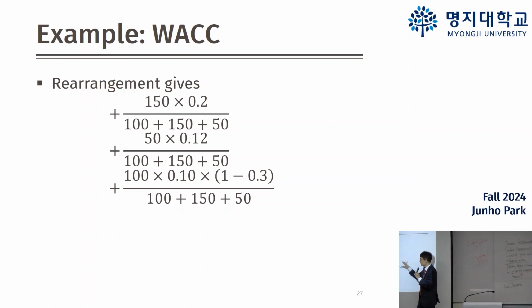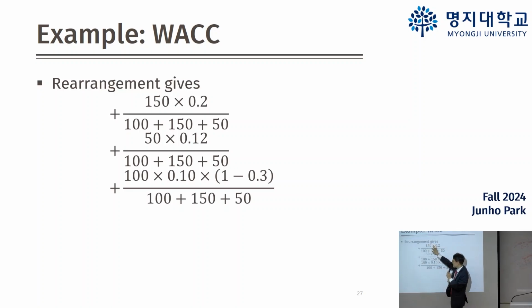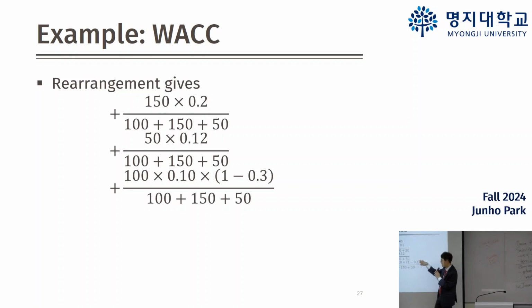Because they are related to the debt, you have this formula. First, you have shareholders' value times 20% return, preferred stockholders' value times their rate of return, bondholders' value times their rate of return times 1 minus 30%, because this is about tax savings.